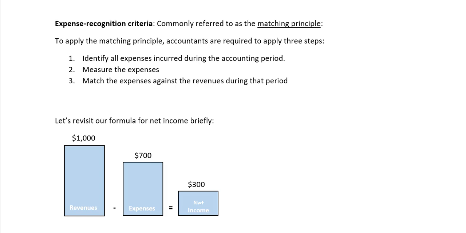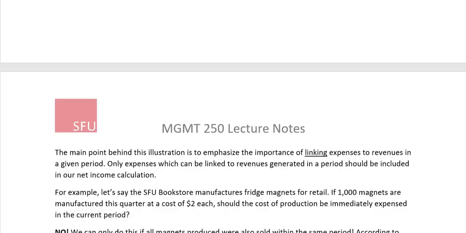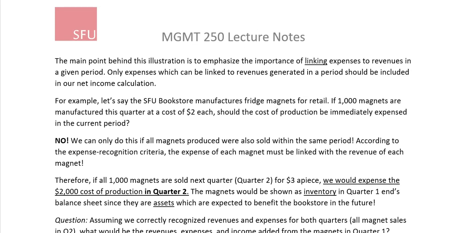So revenues minus expenses equals net income. The main point behind this illustration is to emphasize the importance of linking expenses to revenues in a given period. Only expenses which can be linked to revenue generated in a period should be included in our net income calculation.